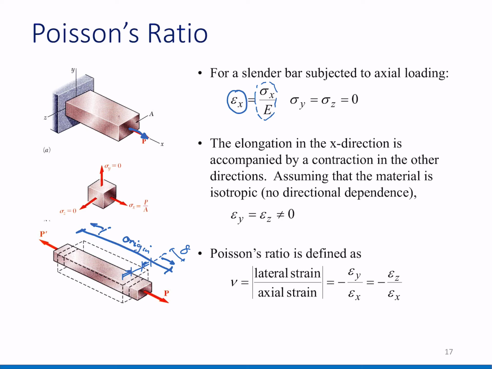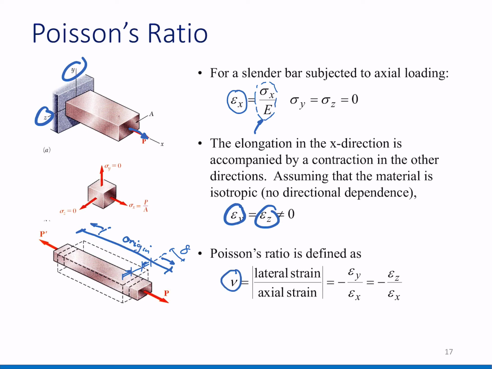But the deformation on the z and y-axis is not governed by this equation anymore, and they are not equal to each other. So the ratio of the strain on y and z is called the Poisson ratio.